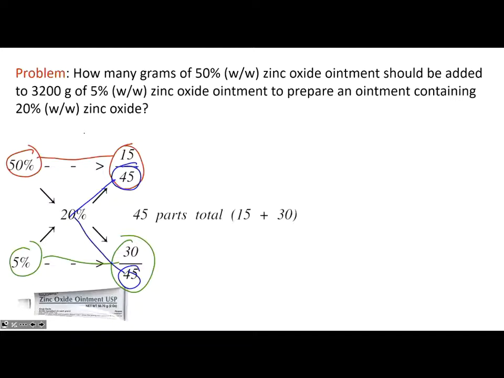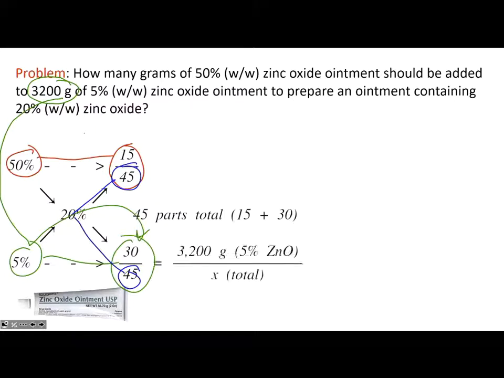All right? Because now, how do we go about approaching this? What do I know is this. What I know here is that I have 3,200 grams of which strength? The 5%. So if I have that amount of weight of that ingredient, and that ingredient represents the 30 parts, then what I can do is set my 30 over 45 equal to the fact that I have 3,200 grams of the 5%.